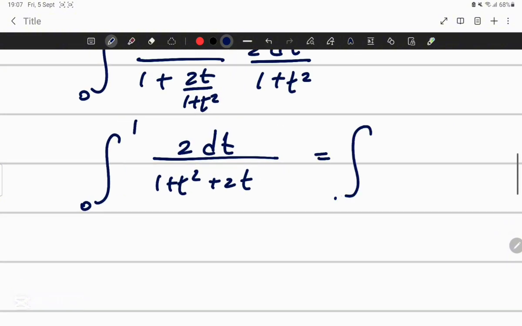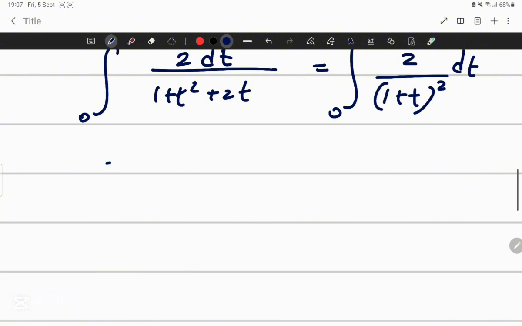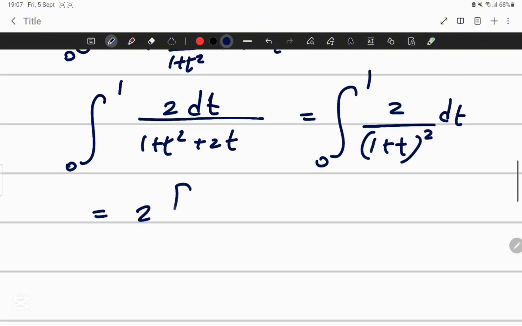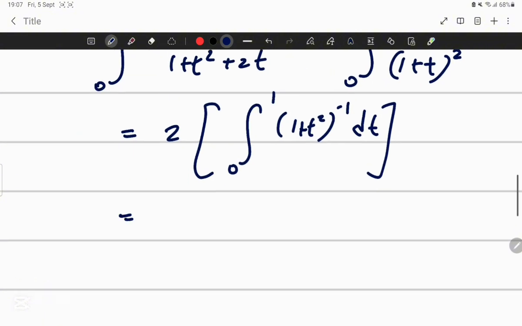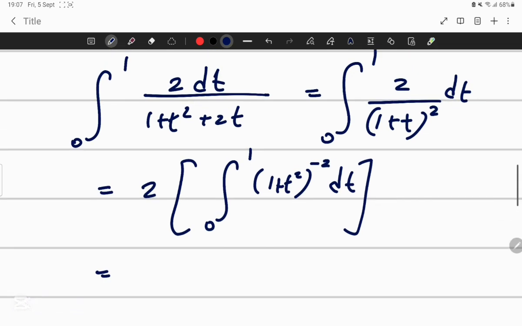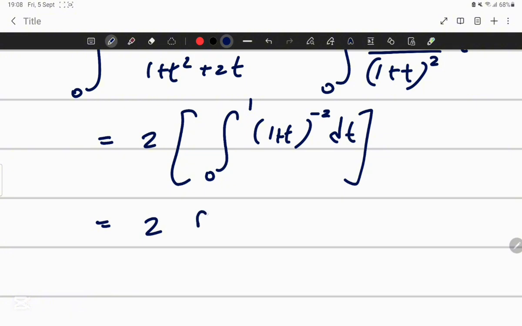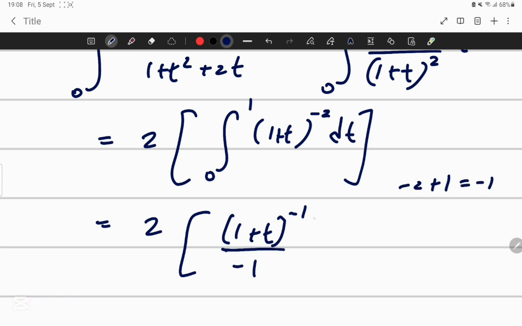This is what? 0 to 1, 2 over 1 plus t whole square dt, which is 2 times the integral from 0 to 1 of 1 plus t to the power of minus 2 dt, which is 2 times 1 plus t to the power of minus 1 over minus 1.